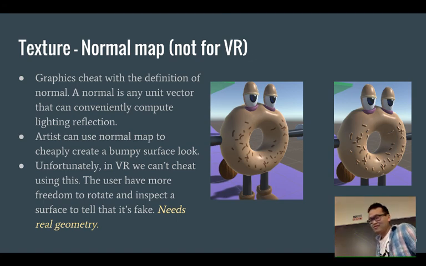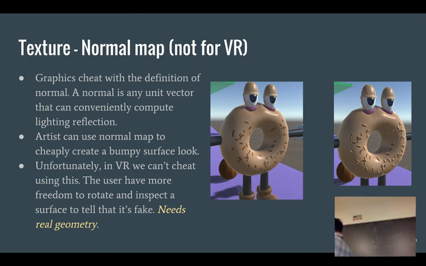So they came up with an idea called a normal map, which is basically an image that has a bunch of these fake normals at every single point, so that when you do the lighting computation, you can play around with how the light intensity will look.